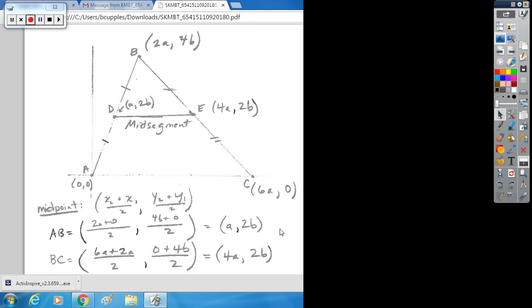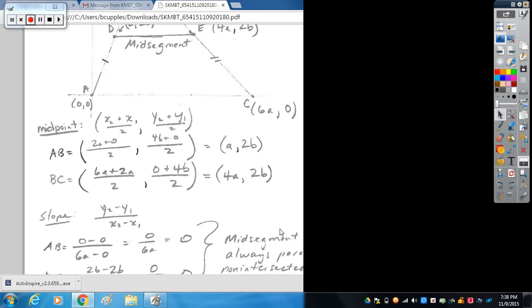And so as we look down at that formula here, you'll notice, again, 0 minus 0, this should be AC, by the way, over 6a minus 0. So 0 over 6a, 0 over anything is going to be 0, and I simplified it down to 0.